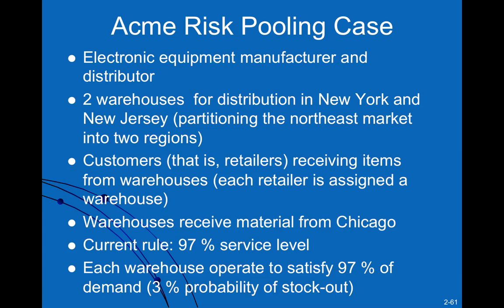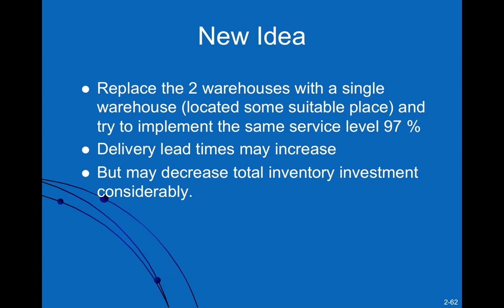Customers receive their goods from the distribution center closest to them. The warehouses receive the materials from another location, let's say Chicago, where the manufacturing plant could be. Each wants a service level of 97%, which means there's only a 3% chance of running out of stock.